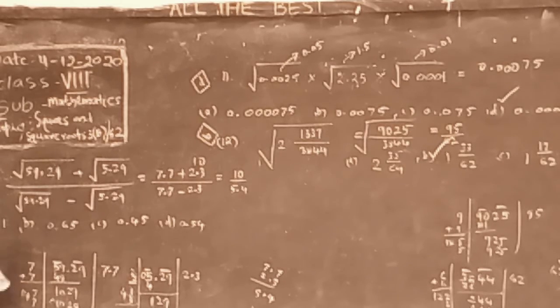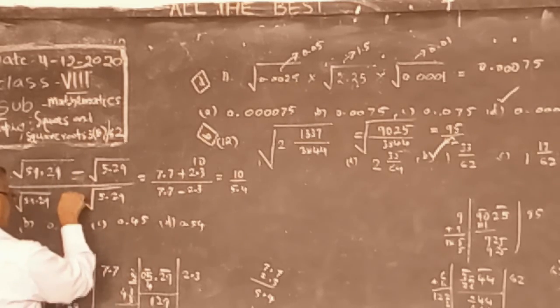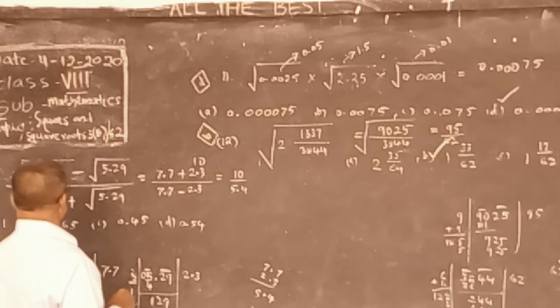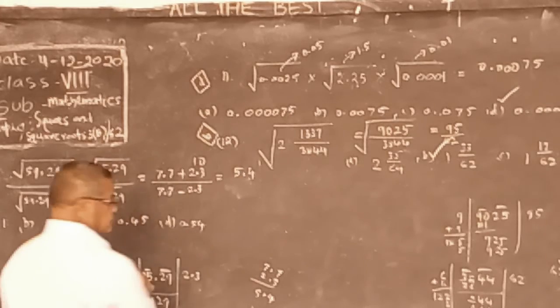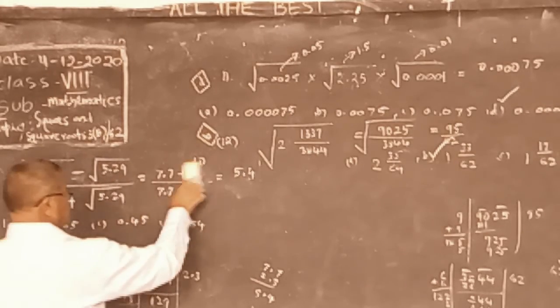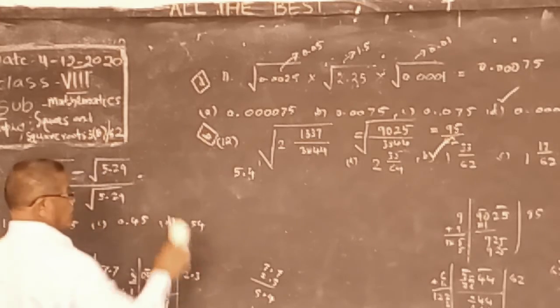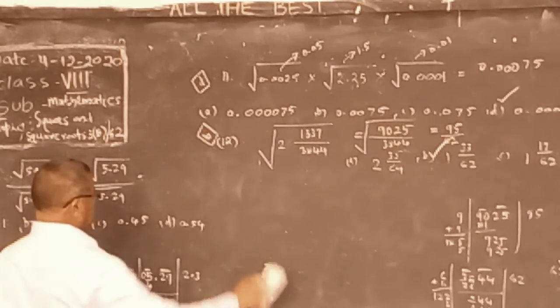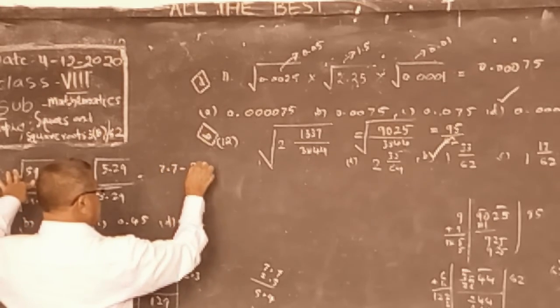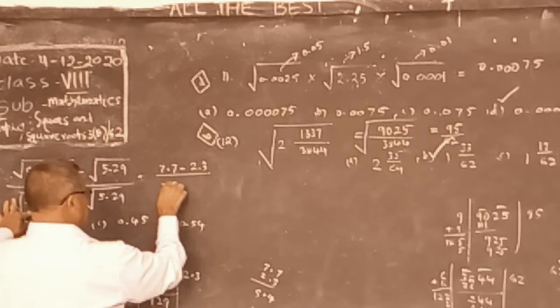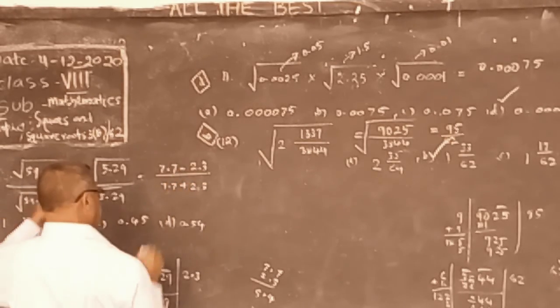Now this is a decimal fraction. But we are given minus on top and plus at the bottom. So it is 7.7 minus 2.3 by 7.7 plus 2.3.